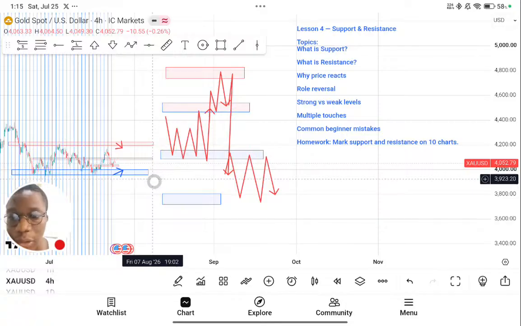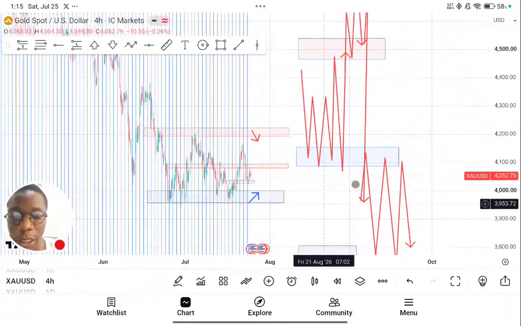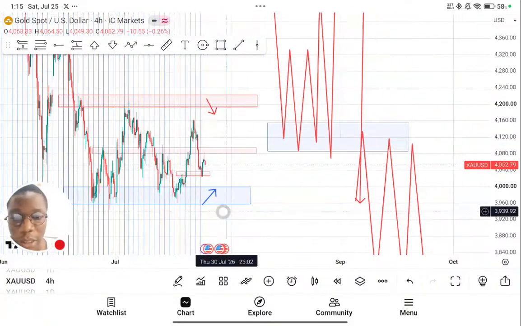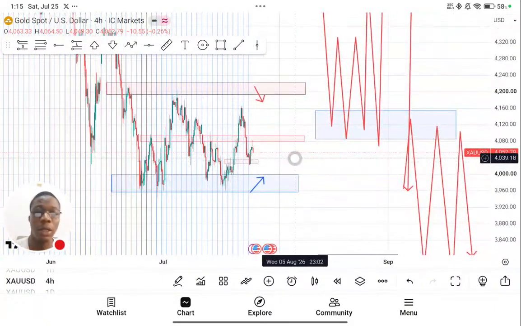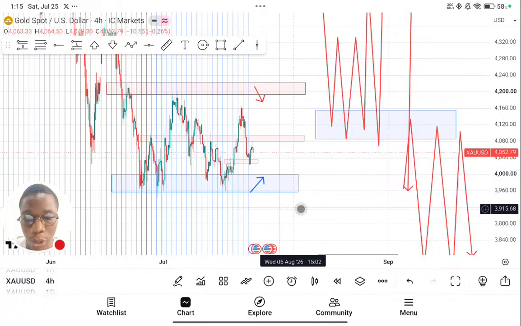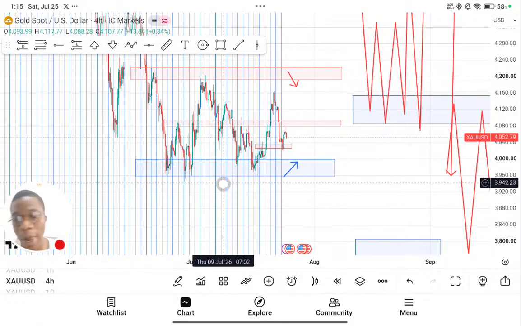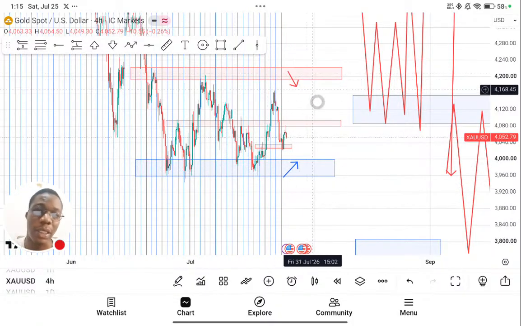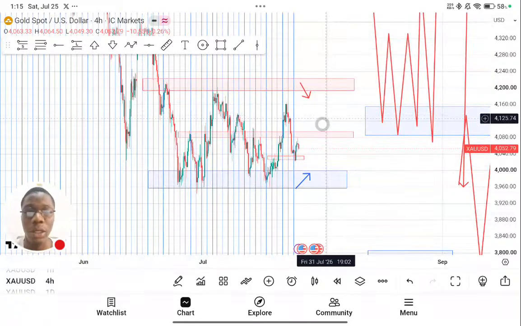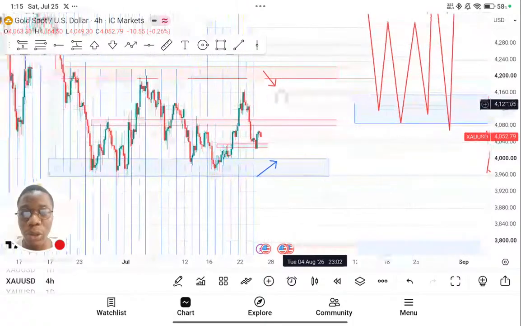So what are the common beginner mistakes? I told you we are looking to buy from support and sell from resistance, but it doesn't mean that immediately when price reaches there you just buy or sell. Because everything we do here is probability, you have to wait for confirmation on this level.